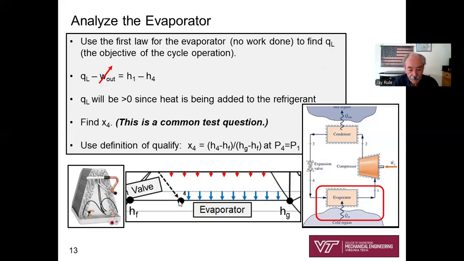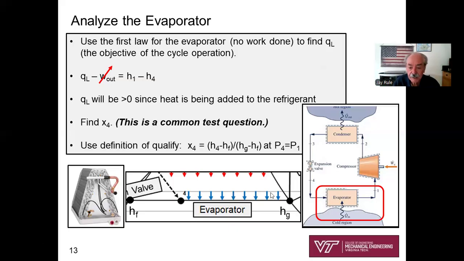It's a ratio: this distance in terms of enthalpy divided by this distance. It's the mass of the saturated vapor divided by the total mass of the mixture. And there it is: X4 equals H4 minus HF divided by Hg minus HF. Simple as that, and we're done.